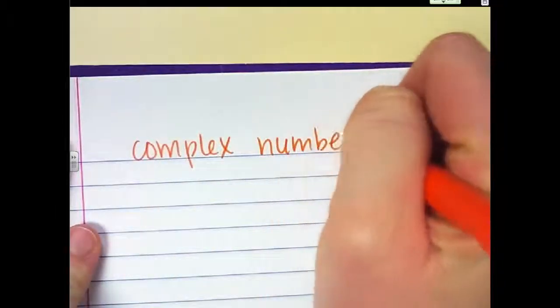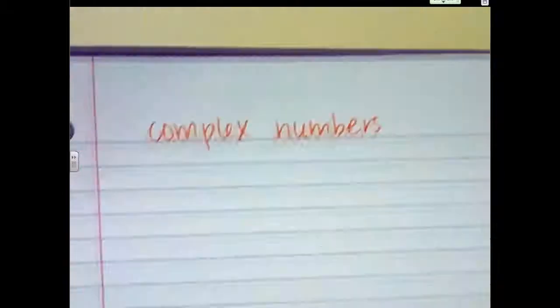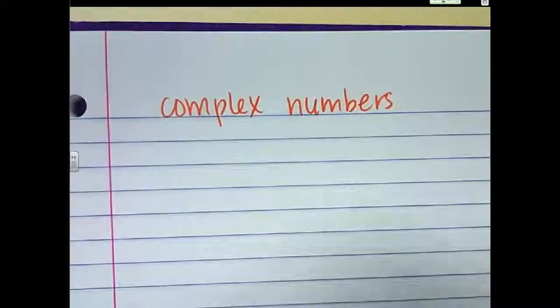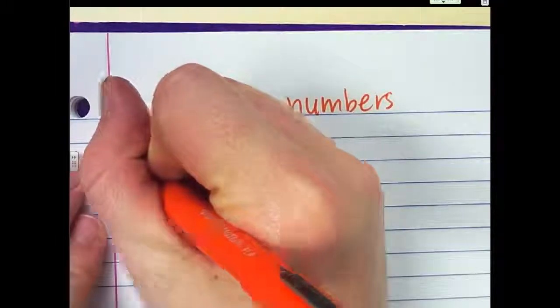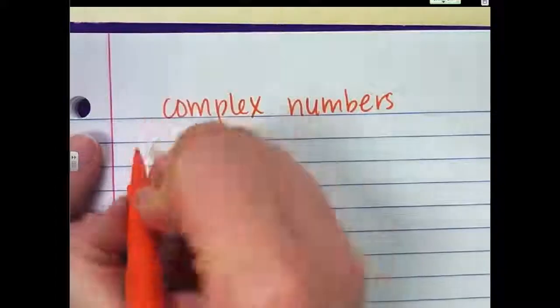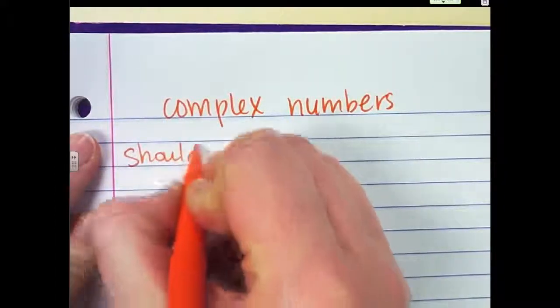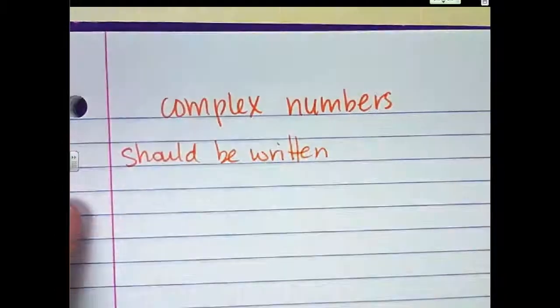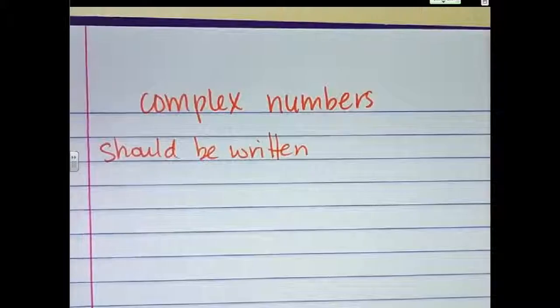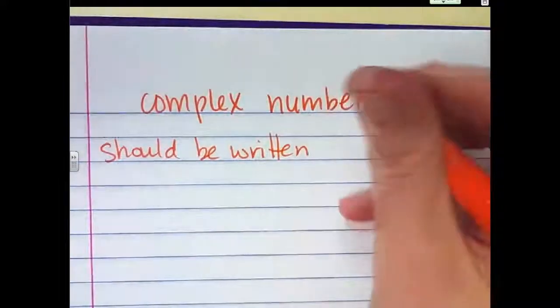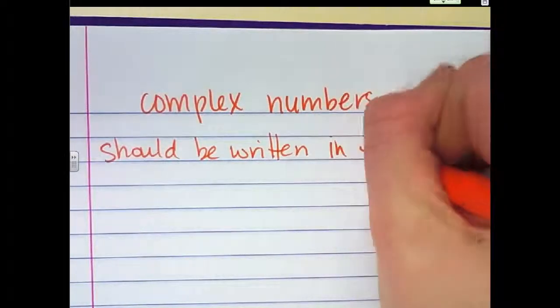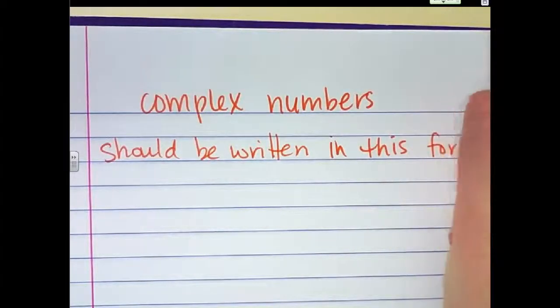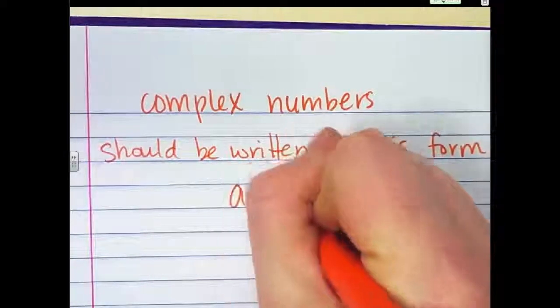So far we've only been talking about when we have i's. Now we're actually talking about complex numbers, which is all those pieces together.